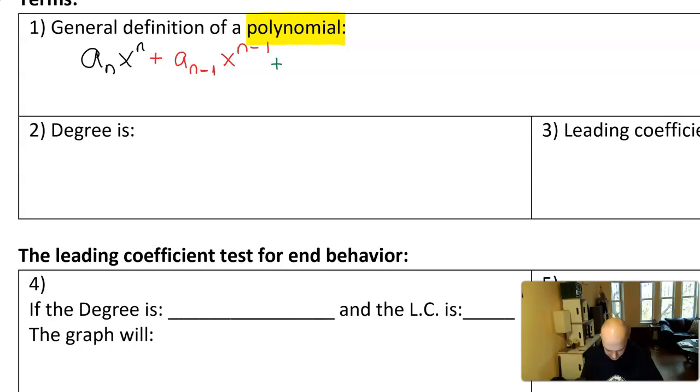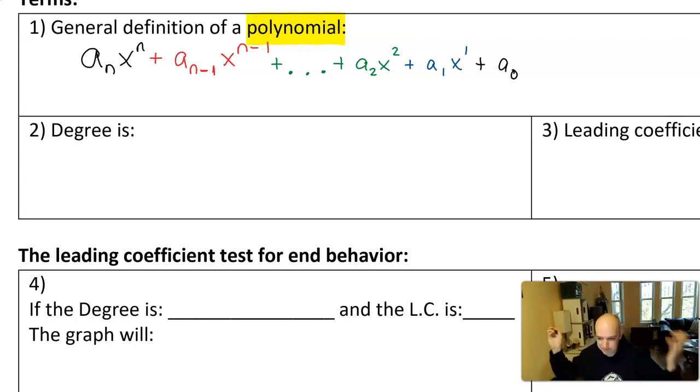Then you sort of get the pattern. We're descending in power, and we skip a couple terms. Then at some point we come to a_2 x squared plus a_1 x to the first. And then at the end, you might have what we call a constant term, a naught, which is just some real number at the end.